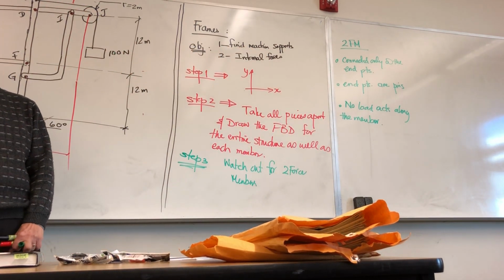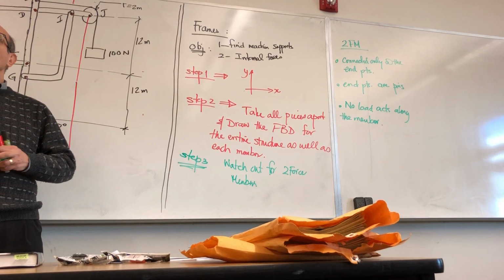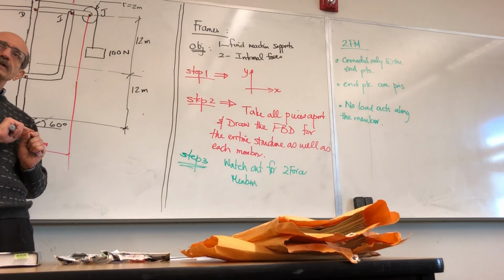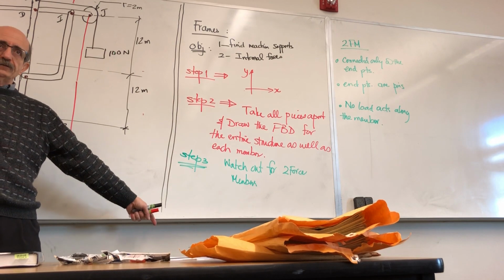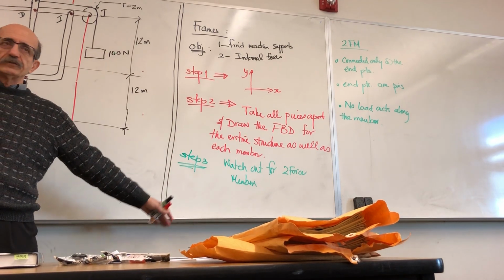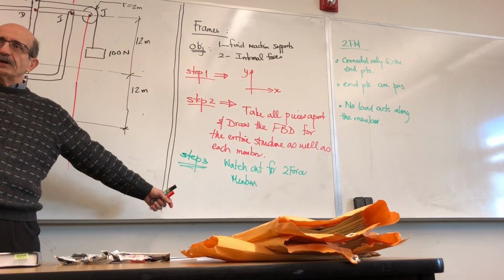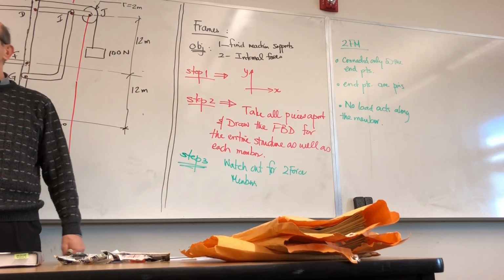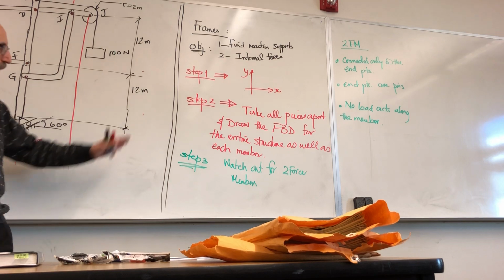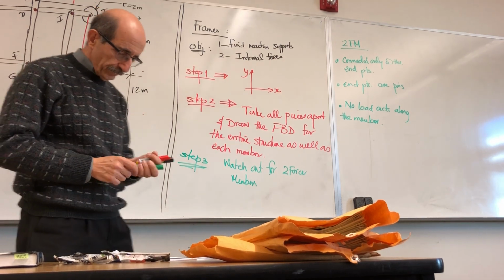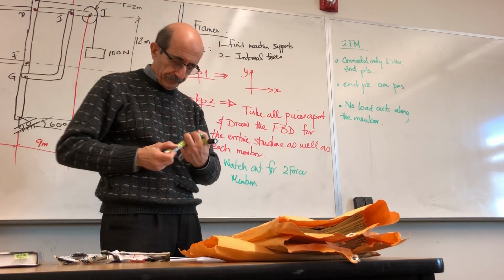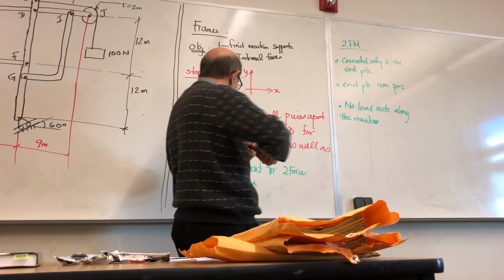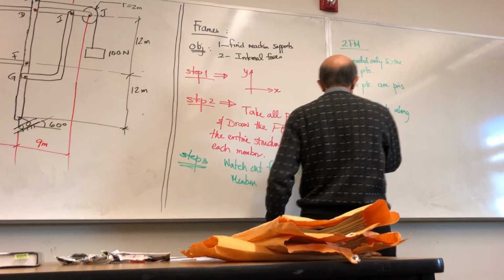If a member had those properties, then the load that it carries is along a line connecting the 2 ends, a straight line that connects the 2 ends, regardless of the shape of that member. And these forces are equal in magnitude, opposite in direction. Okay? All right. So what is step number 3? Or I call it step number 4 actually now.